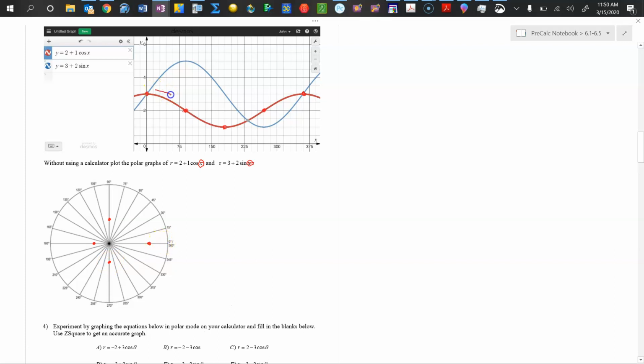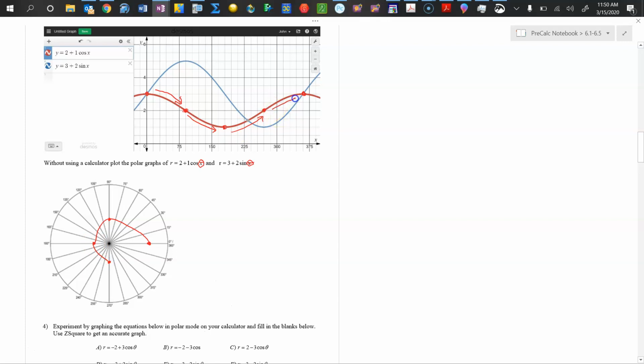Between 0 and 90 degrees, r is decreasing, so we're getting closer to the pole. Between 90 and 180 degrees, r continues to decrease, so we're getting closer to the pole. Between 180 and 270 degrees, r is increasing, so we're getting further away from the pole.